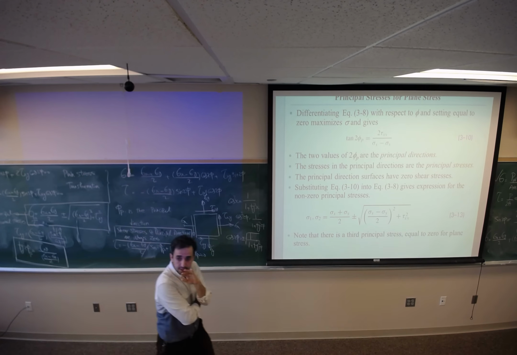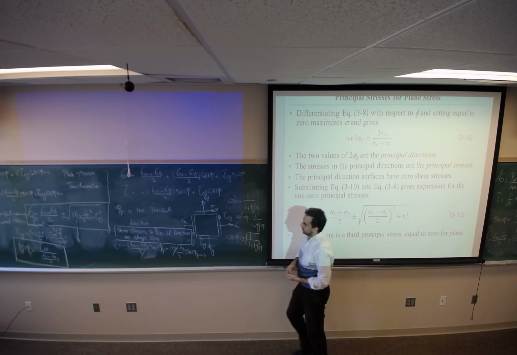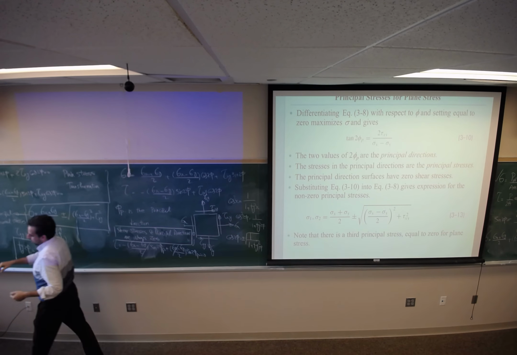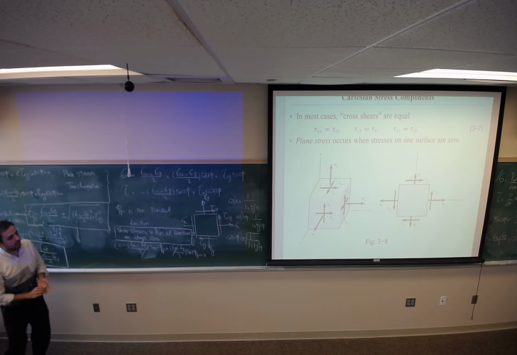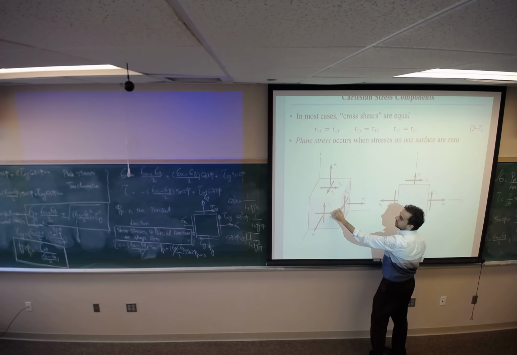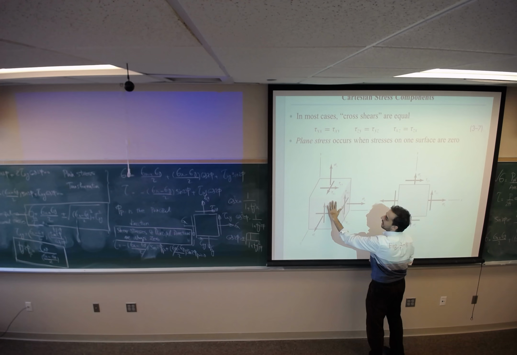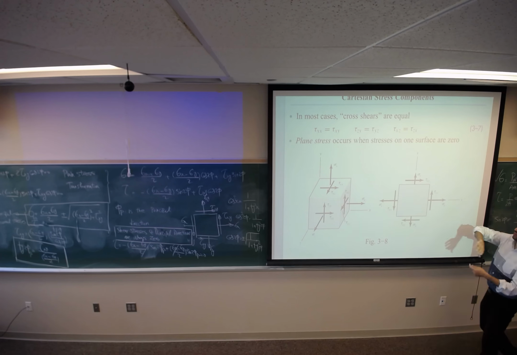Question? Any question on this? All right. This is very important. The original state of stress is a cube, but it doesn't have any terms of the stress on the z plane, so we can represent it with a square.